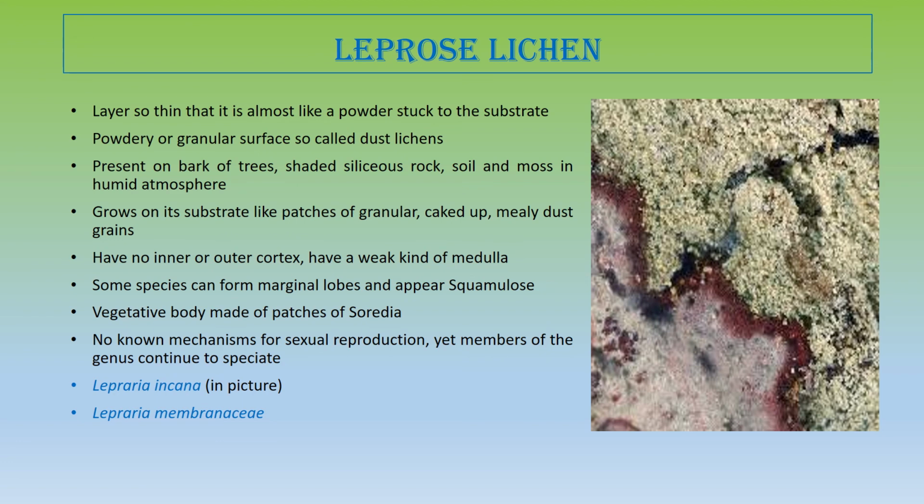When the condition is very arid, it stops its metabolism and curls up. The mode of reproduction is vegetative, by fragmentation; though no sexual reproduction is found, they are seen to speciate.